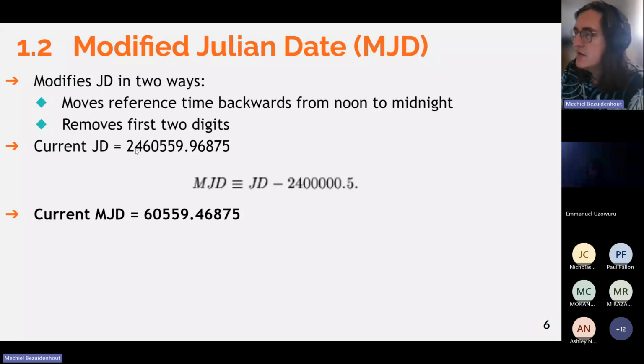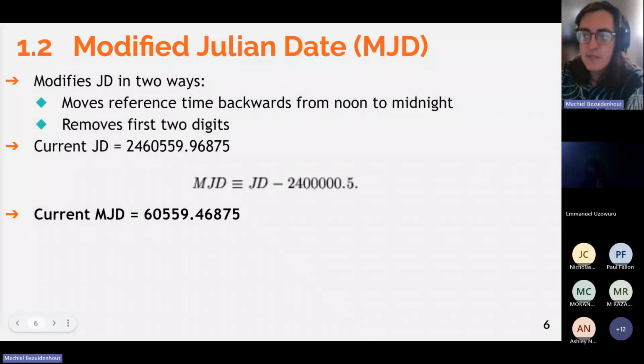So this is the current Julian date. To get the MJD, we just lop off these first two digits, and then in the decimals we take negative 0.5. So this is the current MJD.